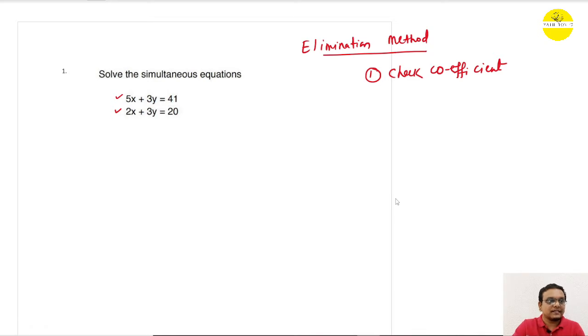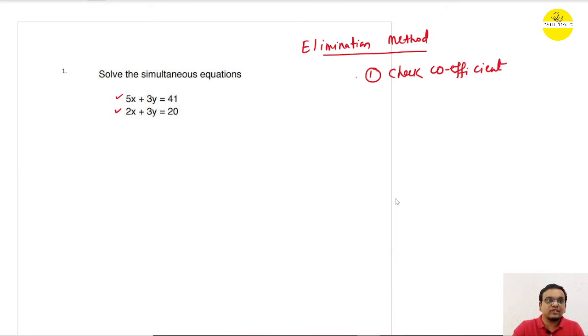Coefficient means what? See, in the elimination method, I have two ways. I can eliminate the x variable or I can eliminate the y variable. So in these equations, I can eliminate this 5x and 2x or I can eliminate this 3y and 3y. Okay, I have two choices. I can eliminate any one so that I can get the value of the other.